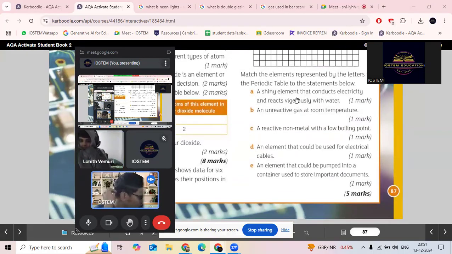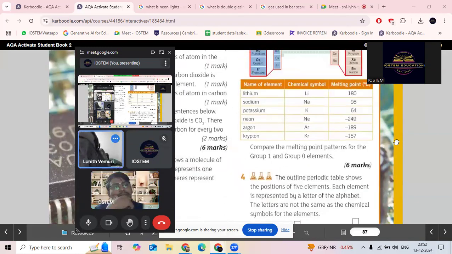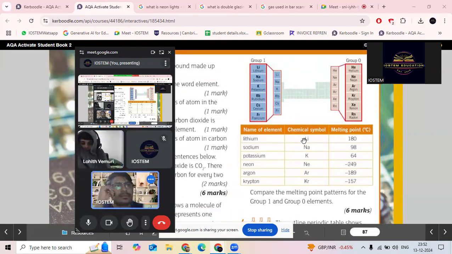Can you please tell me which element is in liquid form? Which metal is in liquid form? Mercury. Mercury, very good. Any other?